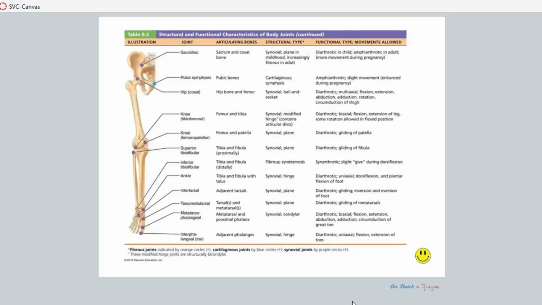Then down here in the lower limbs, almost all of these are synovial joints. This one here that's not is that fibrous joint that we were talking about that links the tibia to the fibula. Okay.